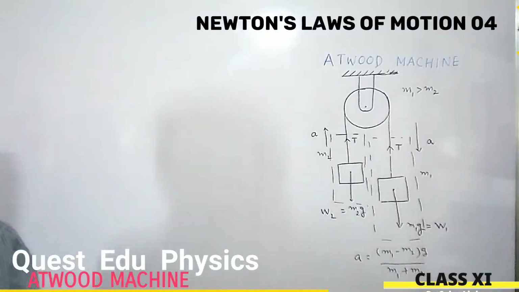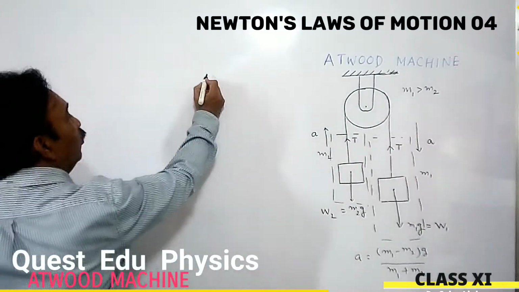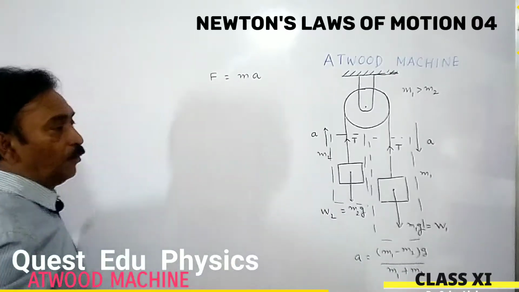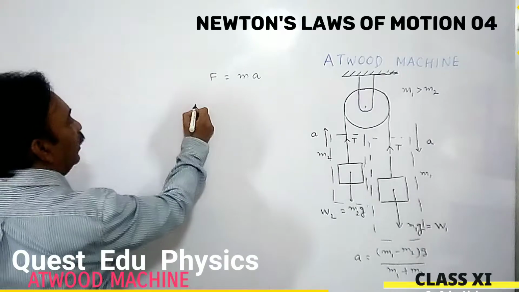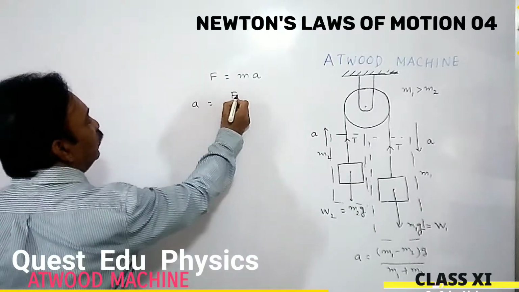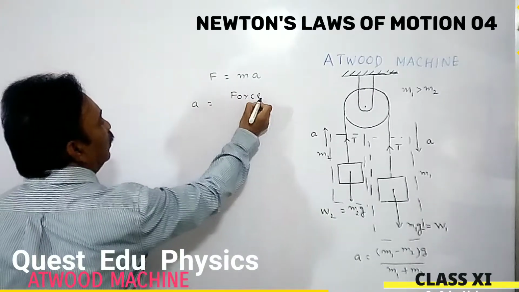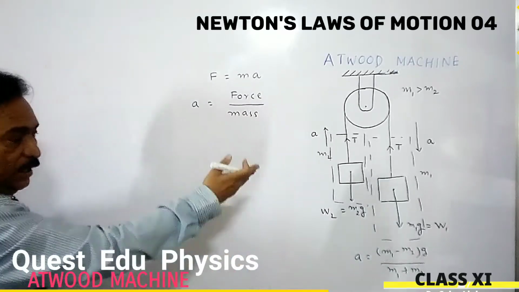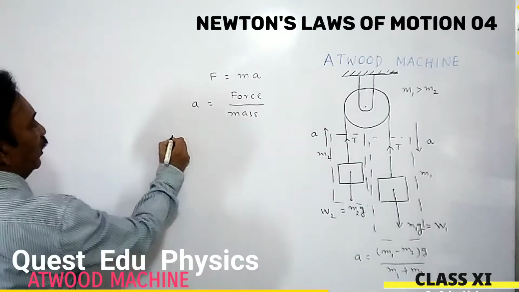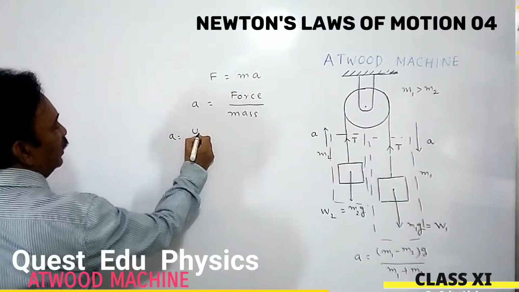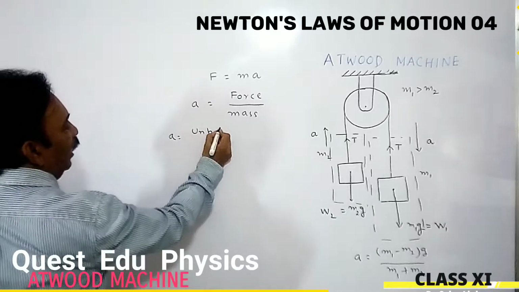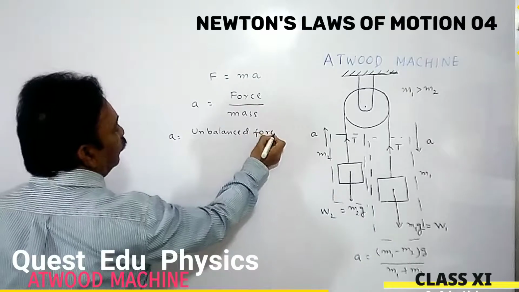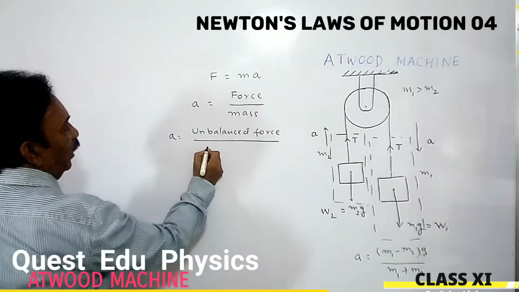As you know that force is equal to ma, we can write acceleration is equal to force by mass. Here in such cases, we will write acceleration is equal to unbalanced force by total mass.